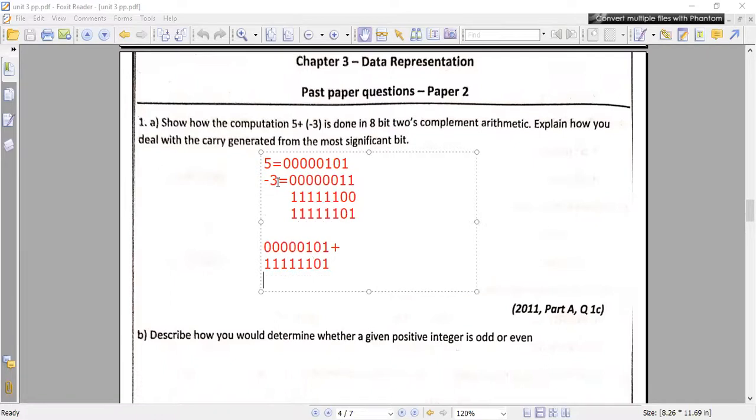Adding them together, you are getting the value 1 0 0. I will do it on the board.